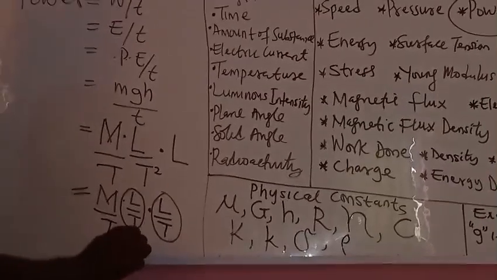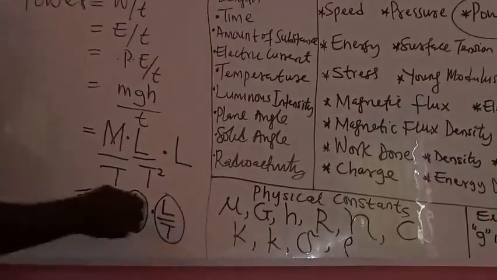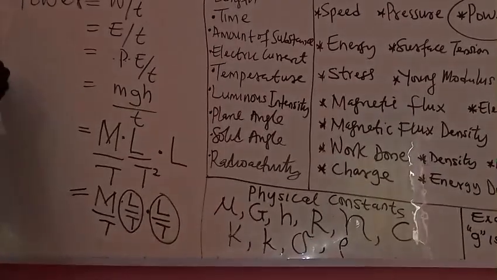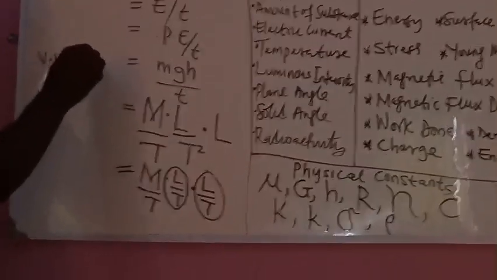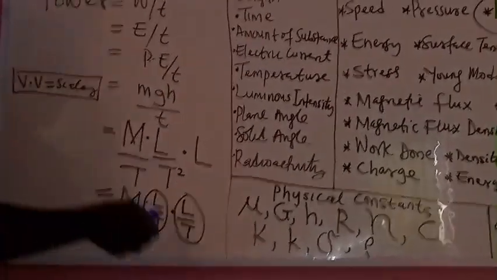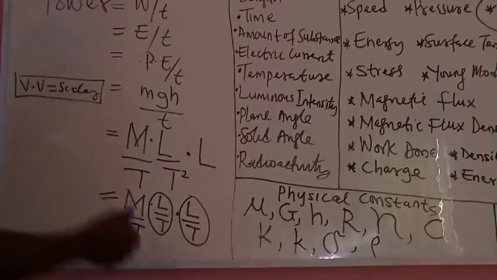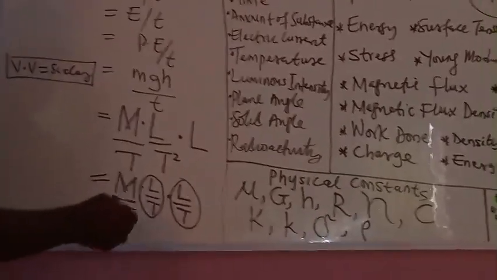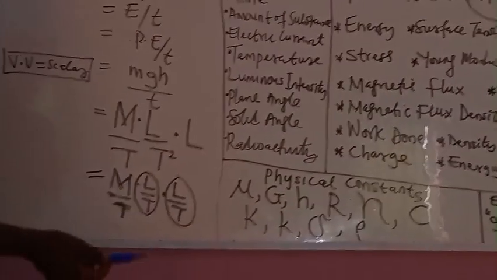And velocity, like I told you, is a vector quantity. Vector dot vector will give you scalar. Take note of that. And from those two I mentioned, all these are scalars on their own. Mass is scalar, time is scalar. They are basic dimensions.